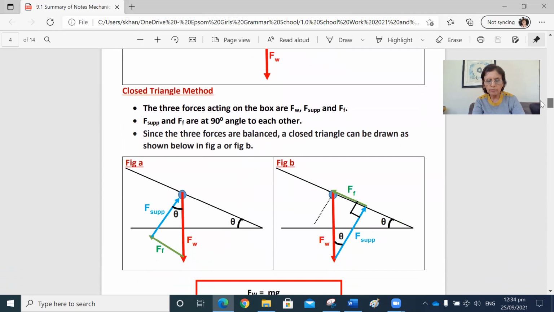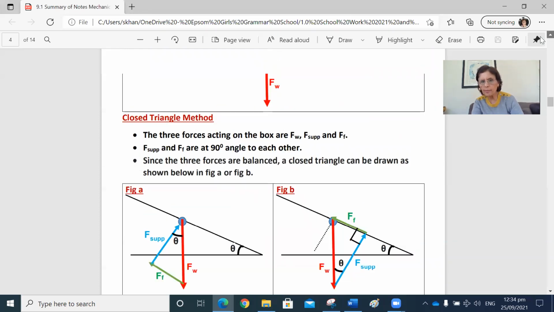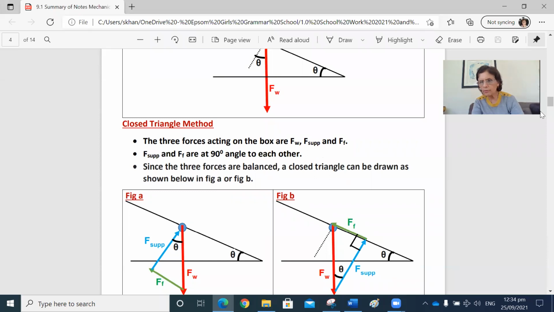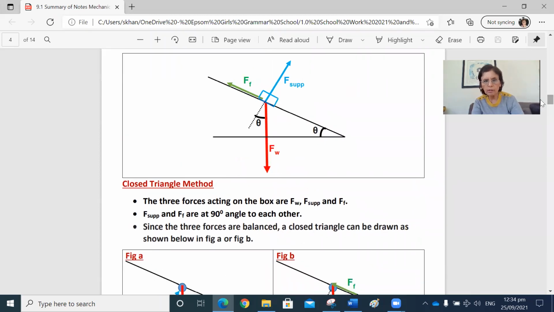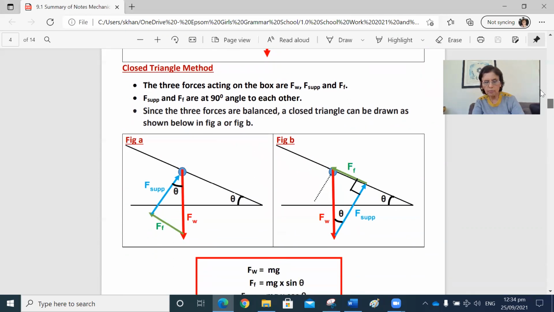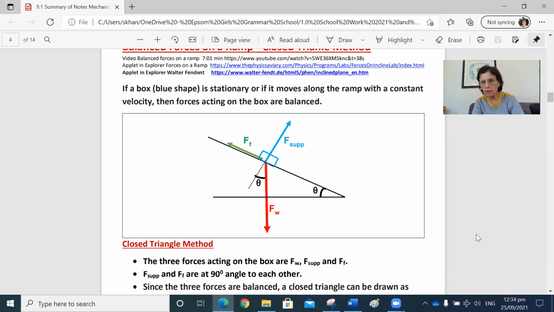So let's start with the gravity force, which was acting in this direction. And as you can see from this diagram, the friction force was acting up the ramp, and the support force and friction force are at a 90 degree angle to each other.